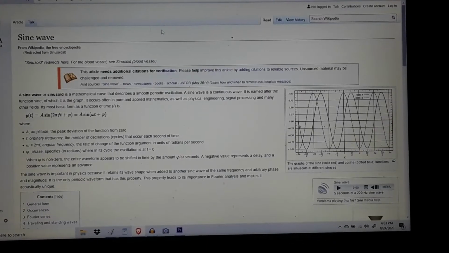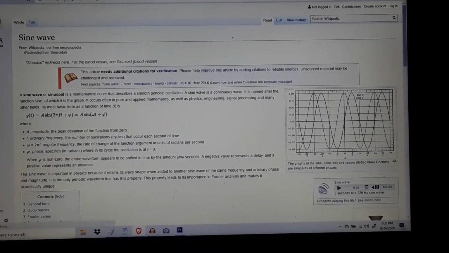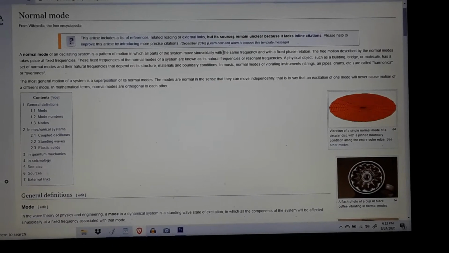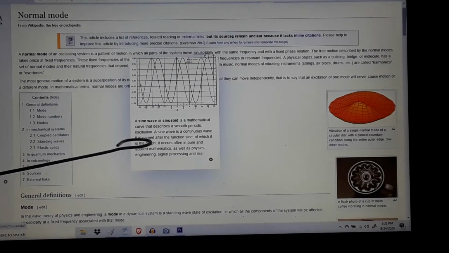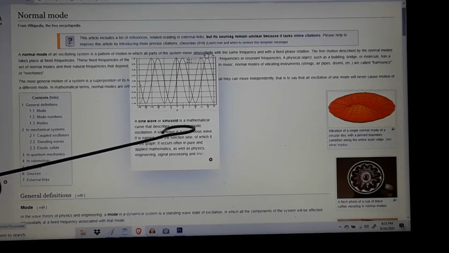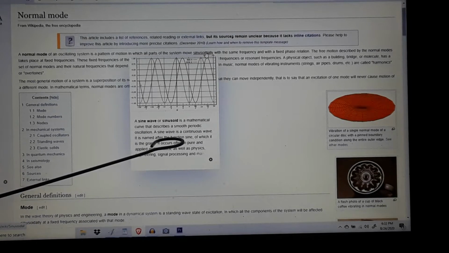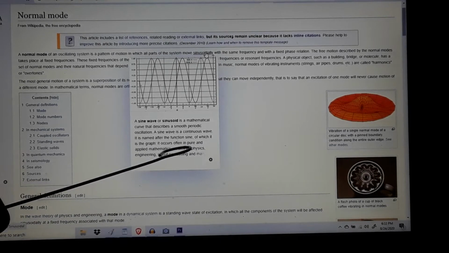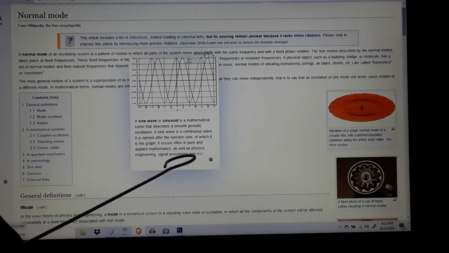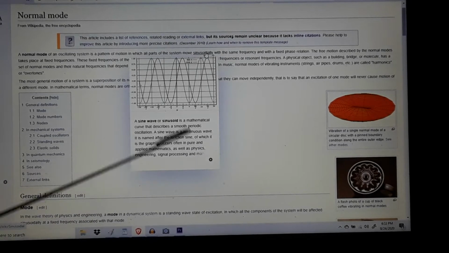sinusoidally. Okay. A sine wave is a sinusoidal or mathematical curve that describes a smooth periodic oscillation. A sine wave is a continuous wave. It is named after the sine function, of which it is the graph. It occurs in pure and applied mathematics, as well as physics, engineering, signal processing, and more.